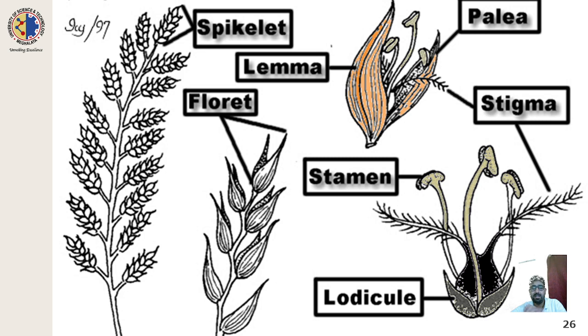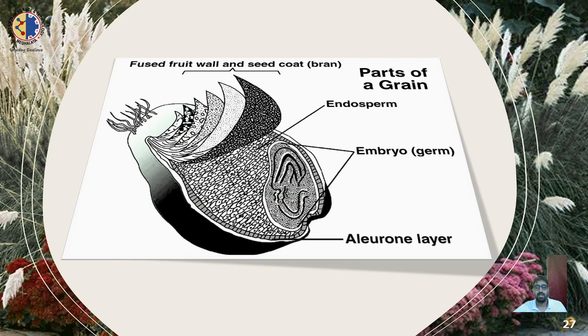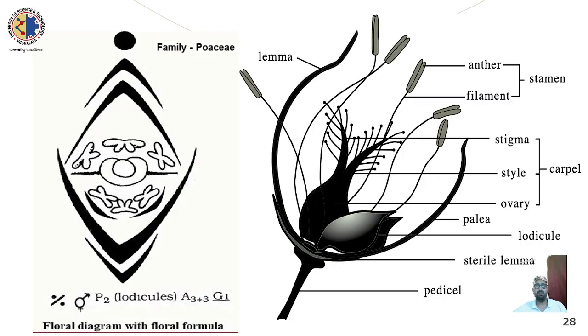This is the typical picture of the grass. Parts of the grain, when the grain develops, you will find the aleurone layer, embryo, endosperm, because these are endospermic seeds and endospermic fruits. Now the floral formula and floral diagram of this family.